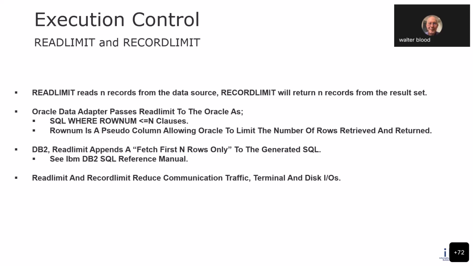Very good. Read limit, record limit. Maybe I should have Art explain all this, because he's very intimate with read limit and record limit. Yeah, read limit just controls how many records are physically read from the external device. Record limit says how many records should I read, should I display or treat as acceptable.